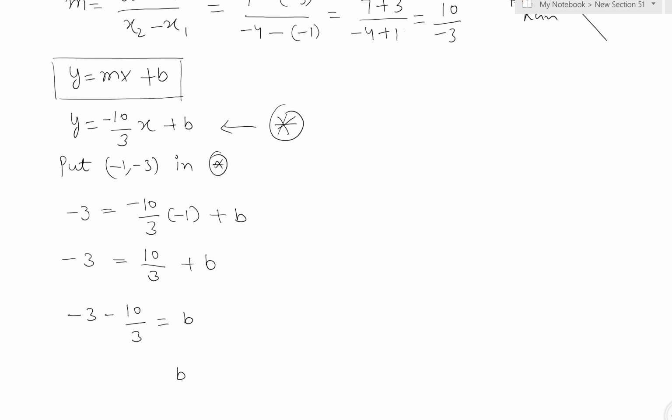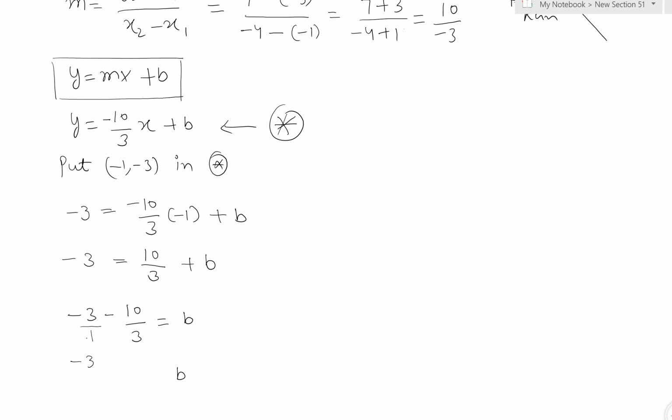Now I make my denominator the same. So I had negative 3 and I need 3 at the bottom. I can put 1 there, right? Negative 3 over 1 is negative 3. Now I multiply the top and the bottom by this number, because my bottom should be the same in order to operate these two fractions, and I want to make it 3.